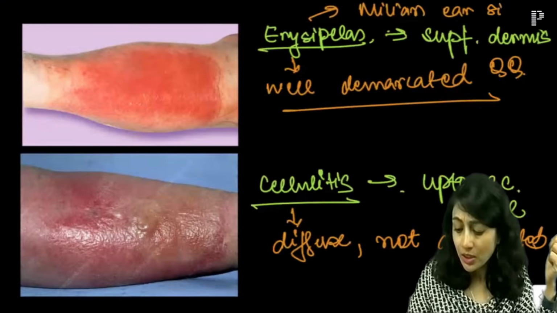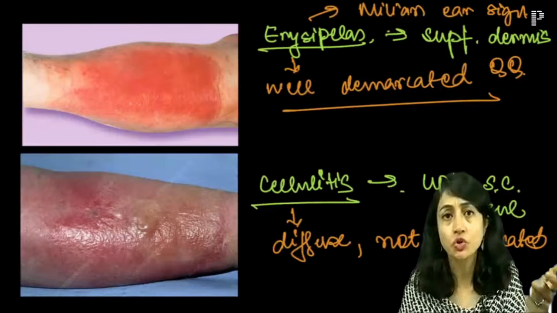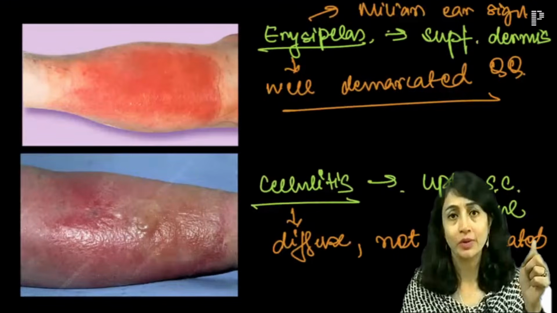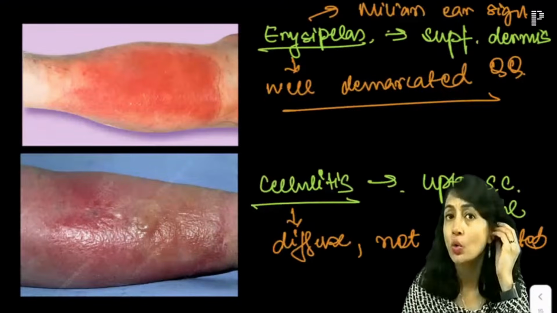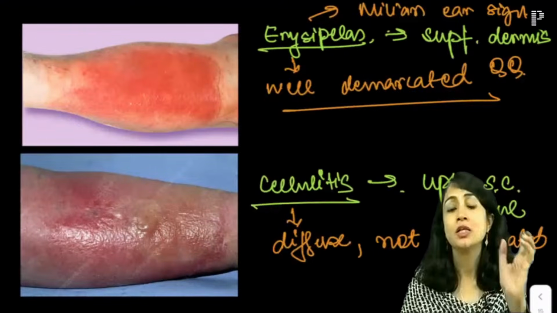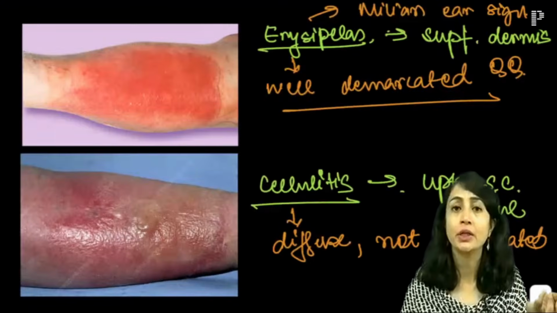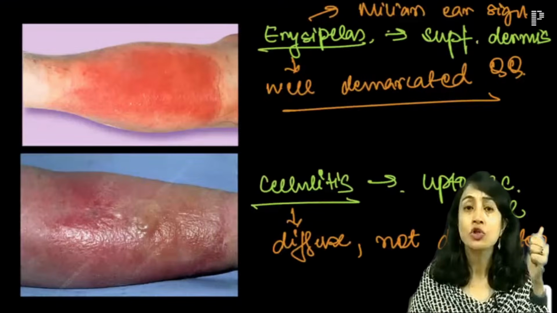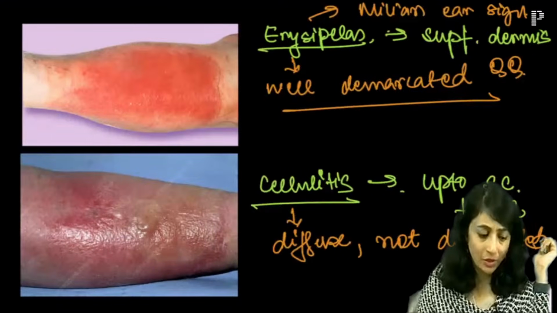Since my ear does not have any subcutaneous tissue, in erysipelas you commonly see ear involvement. So if you see a warm, tender plaque on the face which is going up to the ears, it is most likely erysipelas, because cellulitis does not happen in ears as they have no subcutaneous tissue. Clear? Well demarcated is erysipelas; not well demarcated will be cellulitis.